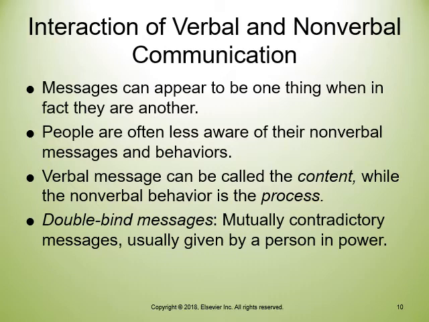Okay? And this is different than what we call double bind messages. This is a mutually contradictory message given by a person in power. And the best way I can explain this, and I'll give an example because you're a student, is say that you have failed all your tests, and your instructor says to you, oh, you're going to pass the class.